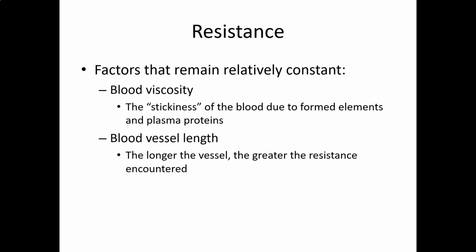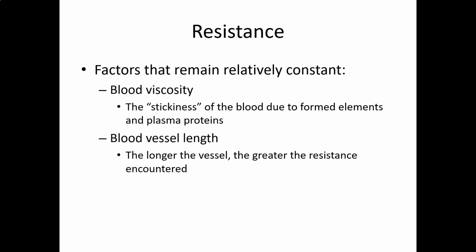Another source of resistance here is the length of the blood vessel. The longer the blood vessel is, the more resistance you encounter along the way. Those things are pretty constant, though. They're not really super easy to change.